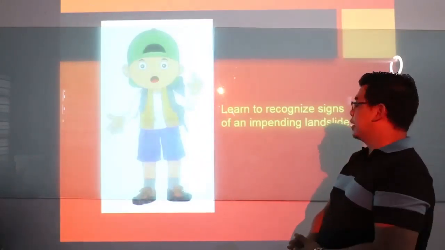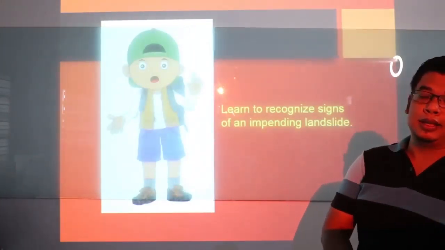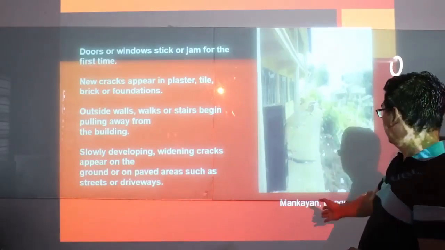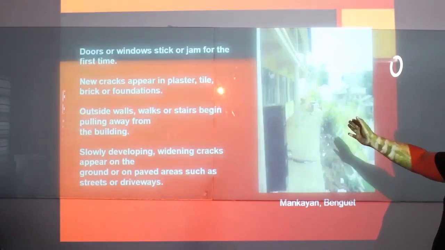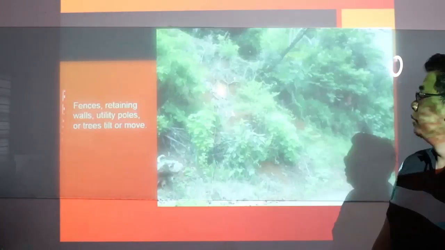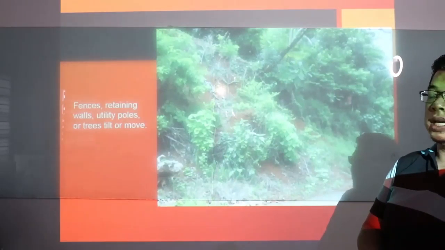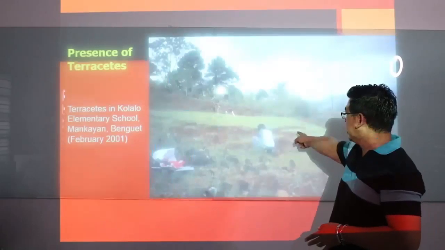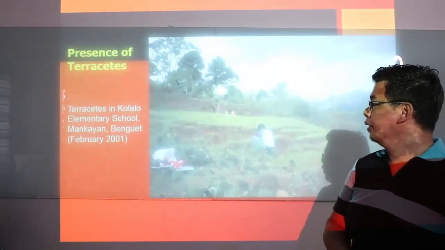How do we recognize the signs of an impending landslide? Number one, see some indicators. This is from the school of Benguet. So this is an indicator wherein the land tends to fall down. Fencing and retaining walls are totally displaced. There's a crack on the land formation here and also in the vegetation.